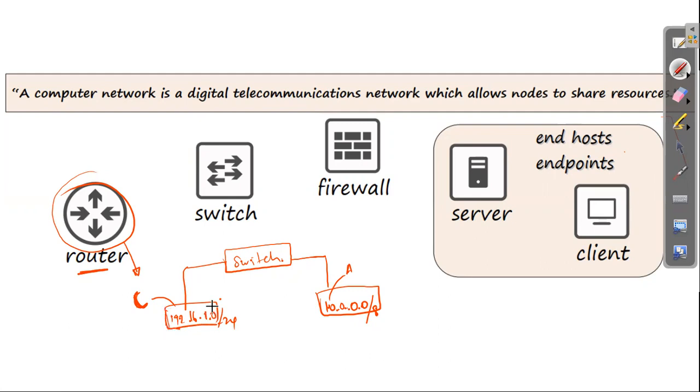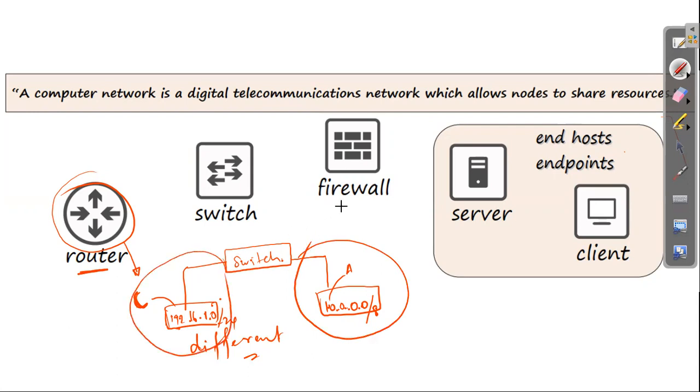No one can communicate between these two. Why? Because both are in different networks. If the networks are different, they cannot communicate with each other through a switch.